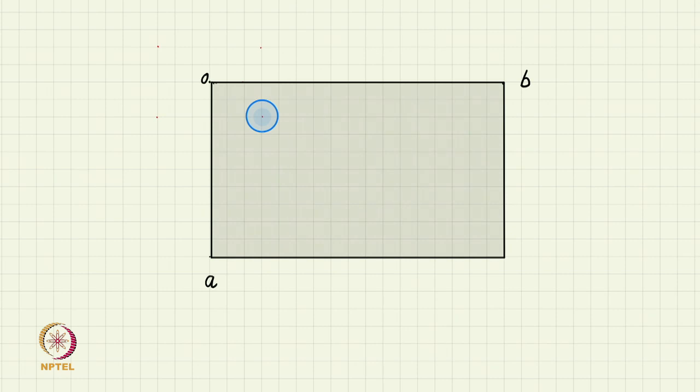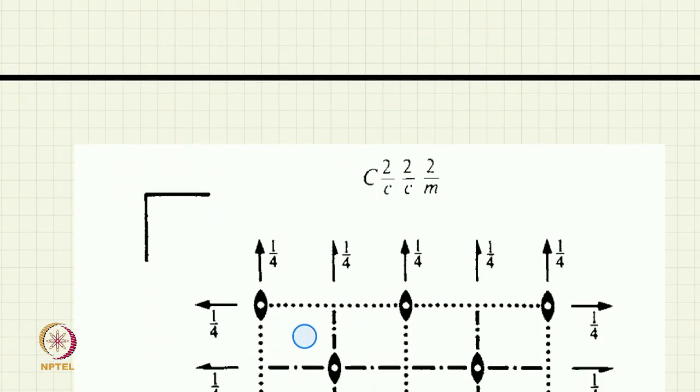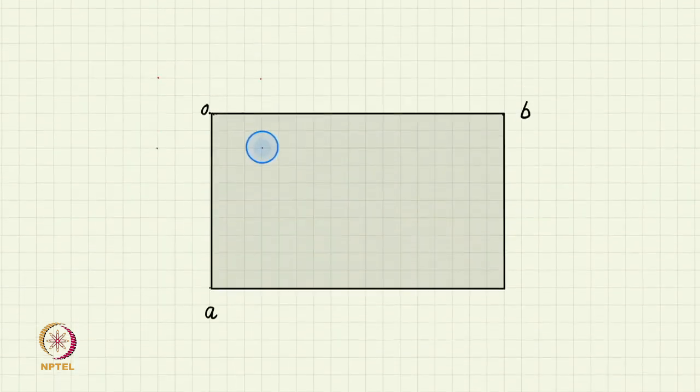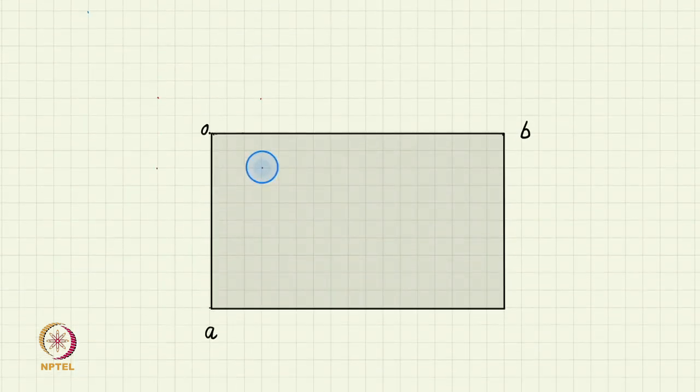Recall that one of the symmetry elements of this diagram is a mirror plane parallel to or along the projection plane. This is shown by these two lines at 90 degrees to each other. So, there is a mirror plane, and we also give a height.